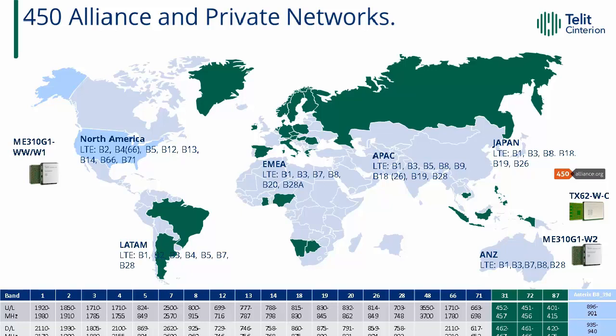Why would you use 450? Well, it's simple, really. You get the longer range, which means less infrastructure, as in cell towers, and better penetration into buildings. But the lower frequency presents a challenge, the bigger ground plane and a challenging antenna. It could also be the case that a standard public network and a 450 network is required on the same device.